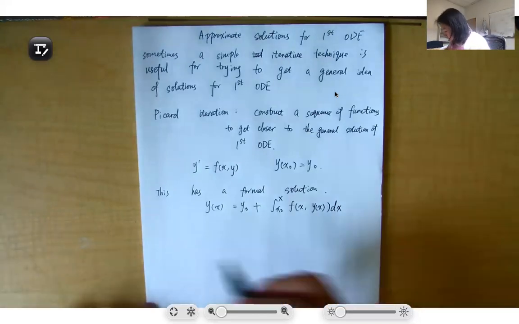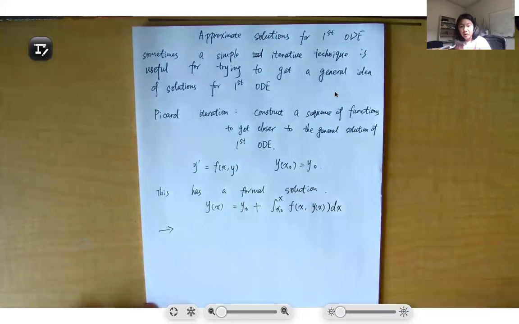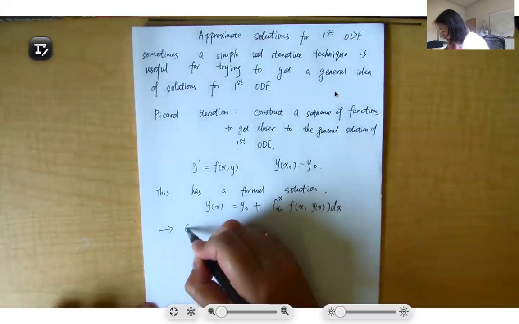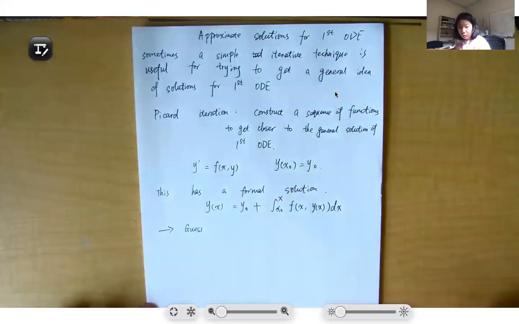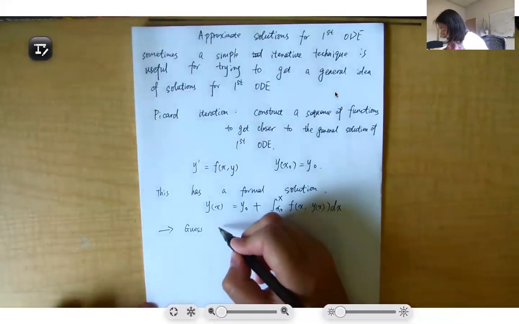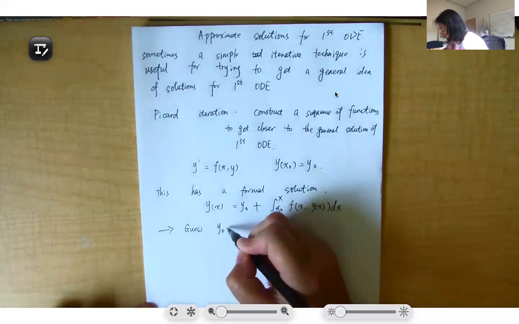And how do we use the Picard iteration? The first step is giving an initial guess for y. From the problem, we already know the initial value. So the zero step will be y0(x).